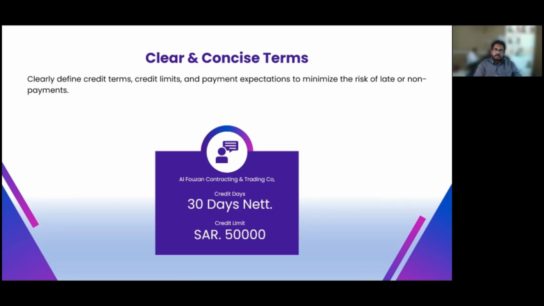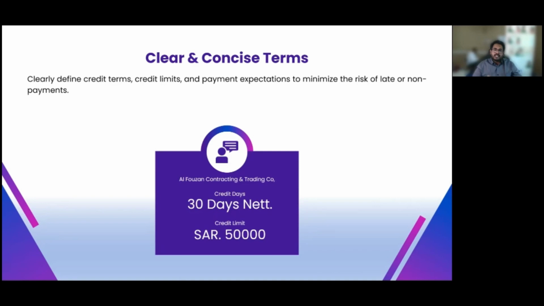So you can take points from what is happening with that customer, what kind of relationship and communication you have with that customer, making sure that the payment is happening on time. And then you can have a look at the customer where you are having difficulties. And by comparing these two, you can come up with a profile or a template for clear payment terms.